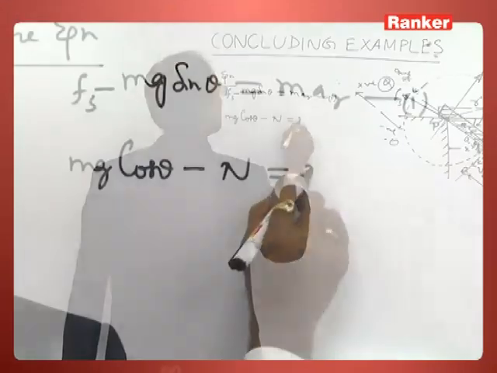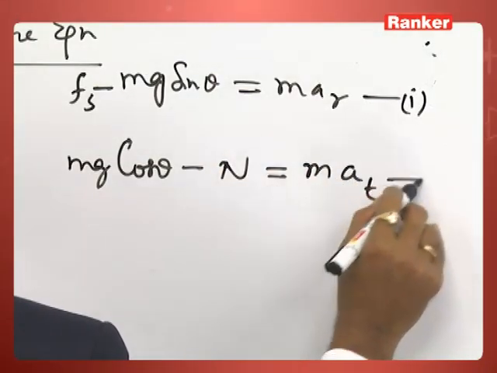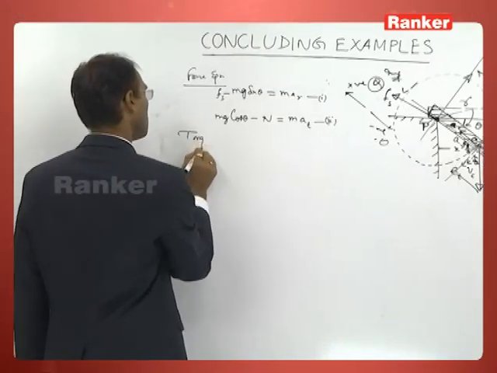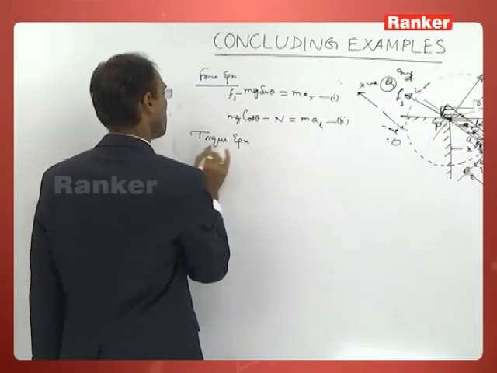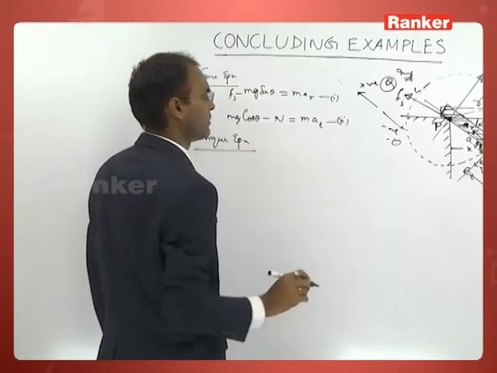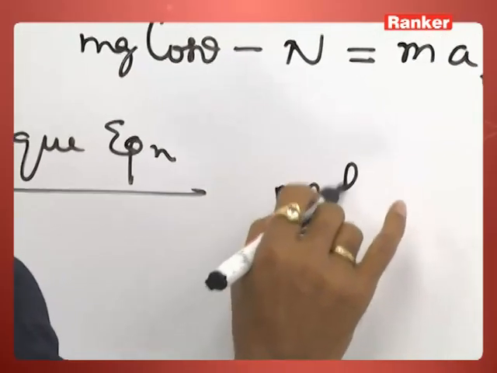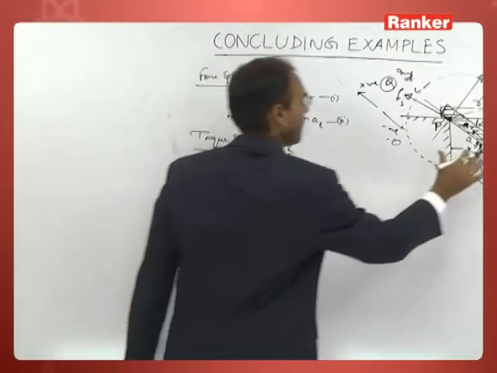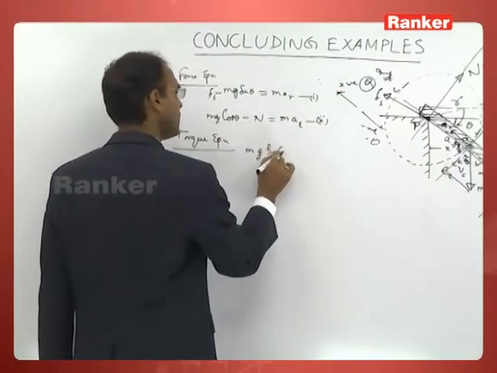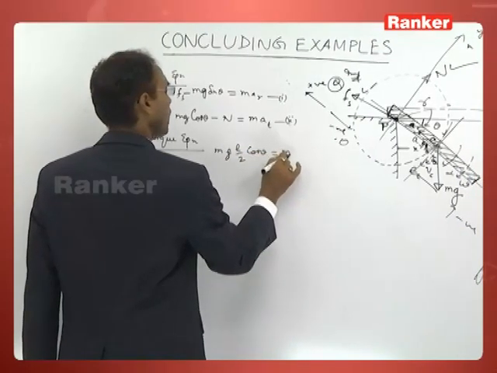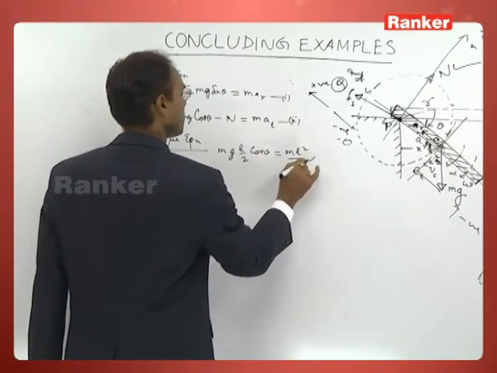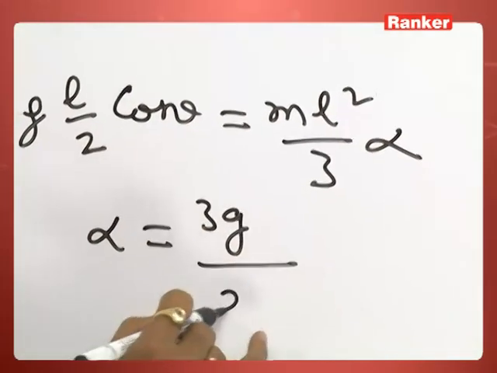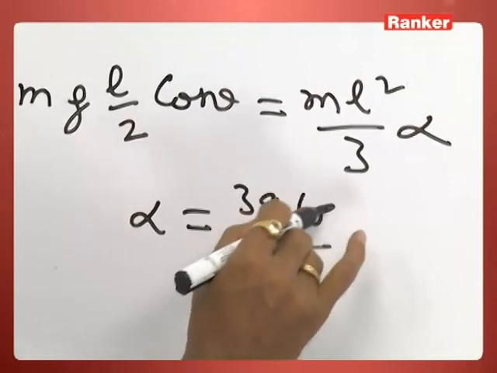Then the torque equation: mg L by 2 x, where x is equal to L by 2 cos theta. There is no change in the torque equation also. So alpha will be 3g by 2L cos theta.